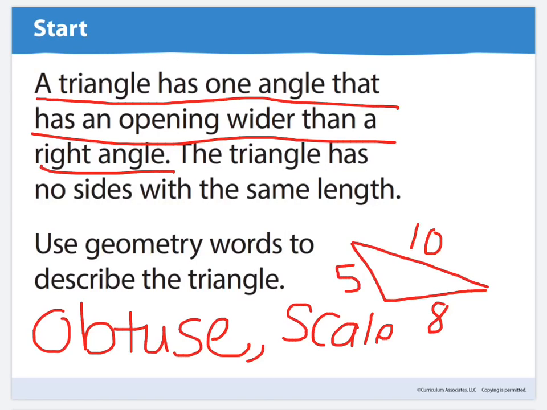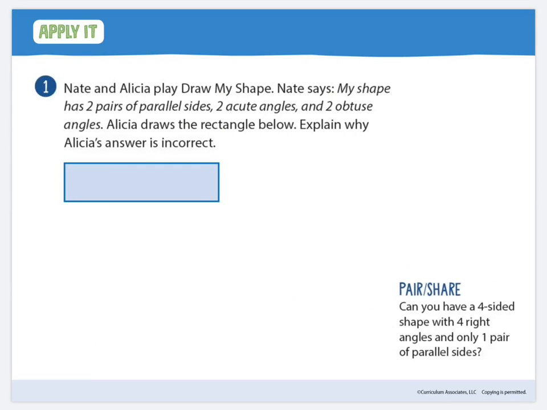Scalene, remember, is when a triangle has no sides that are the same length. This was just a warm-up to get our mind thinking about the problems we are going to go over in our packet. Moving on to this one, this one also is not in your packet, but we're just going to talk about it, and you can listen and take notes as much as you'd like.